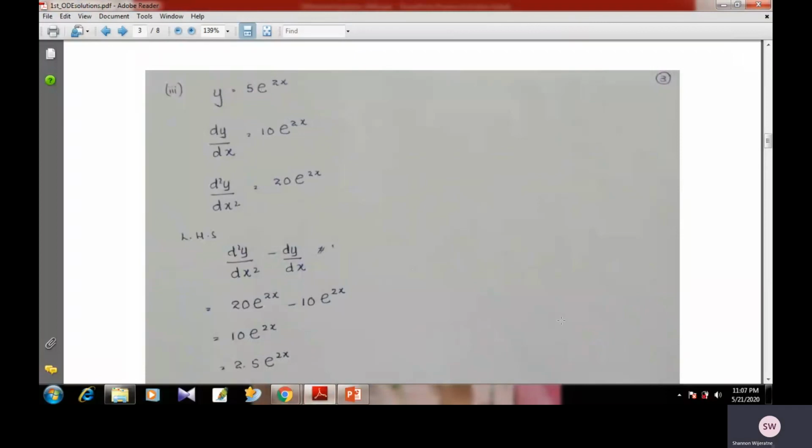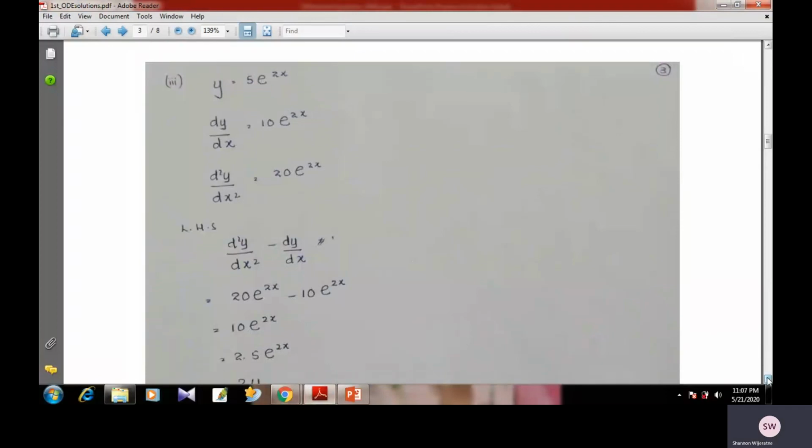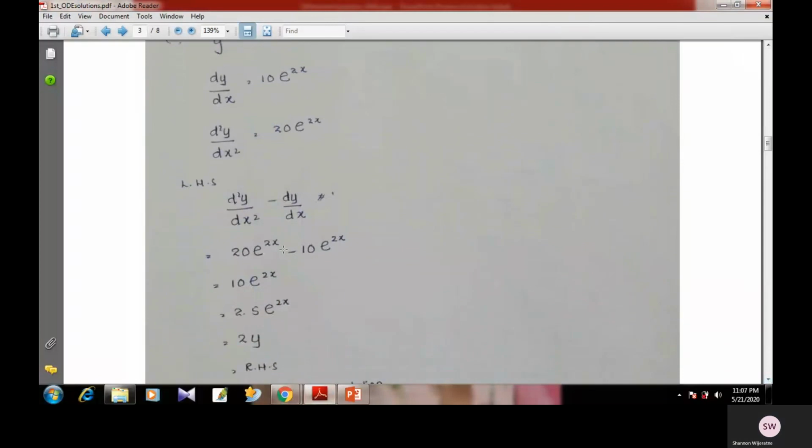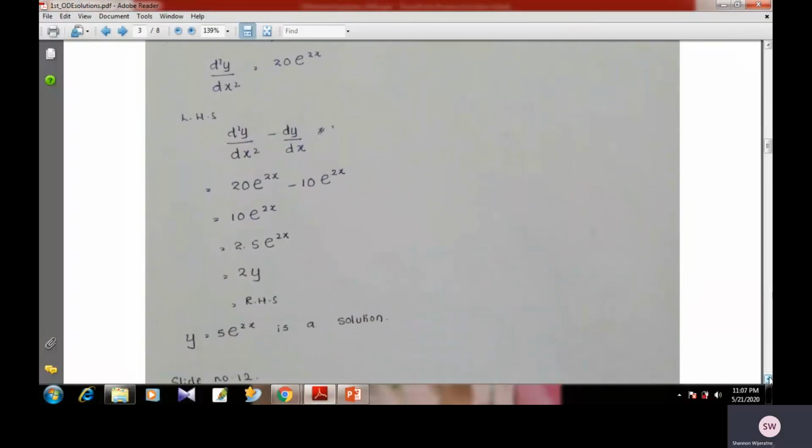Then if we take the left hand side and substitute these two, we have 20e2x minus 10e2x, which is equal to 10e2x. This can be written as 2 times 5e2x, so it is equal to 2 times y, because this part is our function y. So this is equal to the right hand side, and we can say this is a solution of the differential equation.